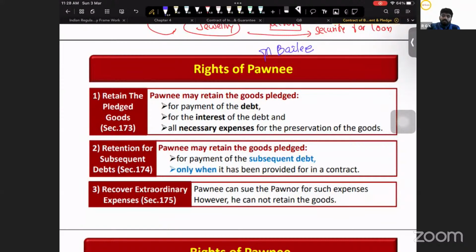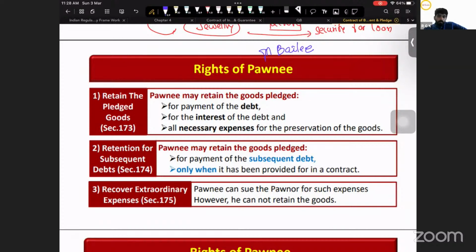Pawnee may retain the goods pledged for payment of debt, for interest on the debt, and all necessary expenses. Number one, for payment of debt, till the loan is repaid, the goods can be retained. Not only for repayment of the loan, but also for interest due on it, so not only for 2 crore rupees, but interest on that 2 crore rupees. For that purpose also, the goods can be retained.